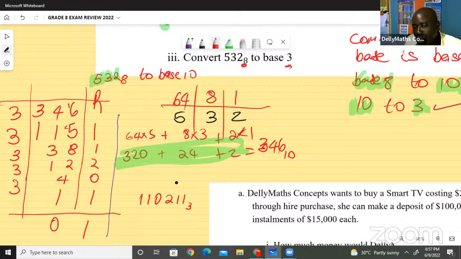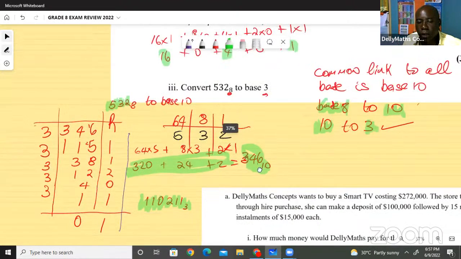This is the final answer, but you always want to conclude for those who set the exam. This was the first piece of working out. This is the second piece of working out. So you want to write a quick conclusion here.